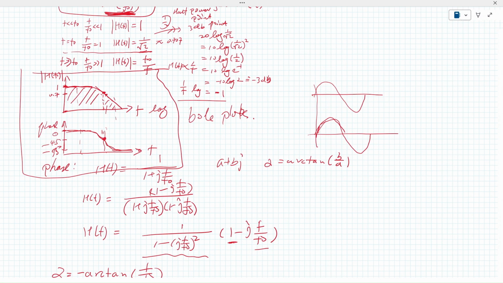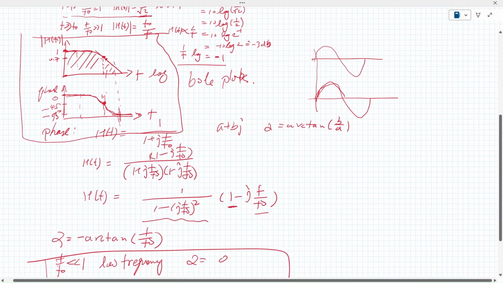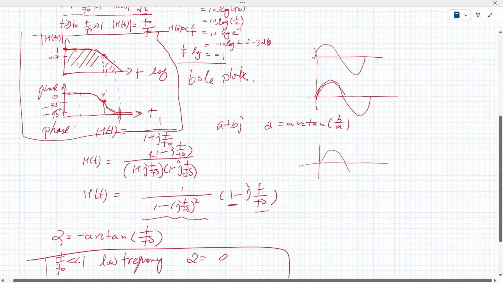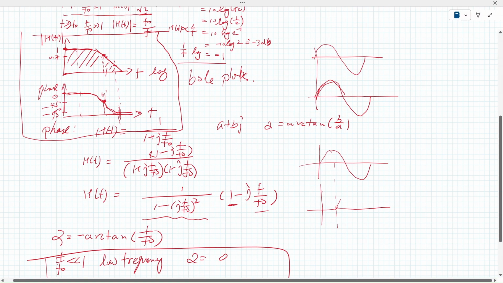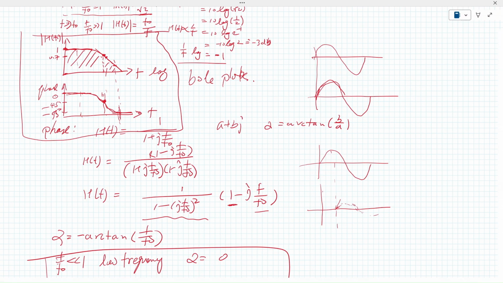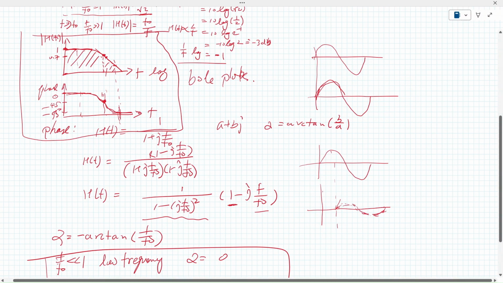If we have a signal like this here, above the cutoff frequency, and you still have the same sine wave input like this, two things happen to the output. The first thing is the phase will be shifted by 90 degrees, delayed by 90 degrees, starting from here. And the amplitude will be much lower. The signal will be attenuated. So the output will be something like this.